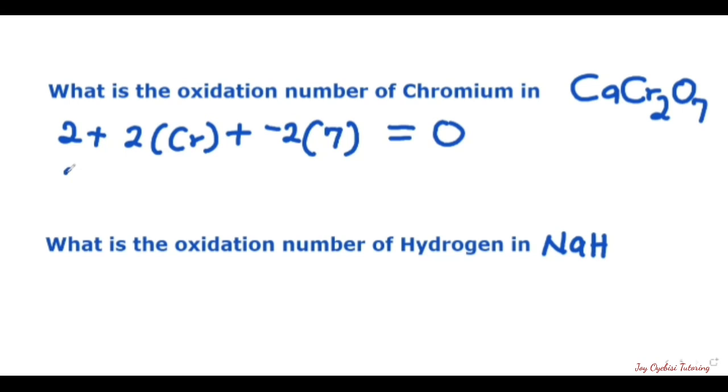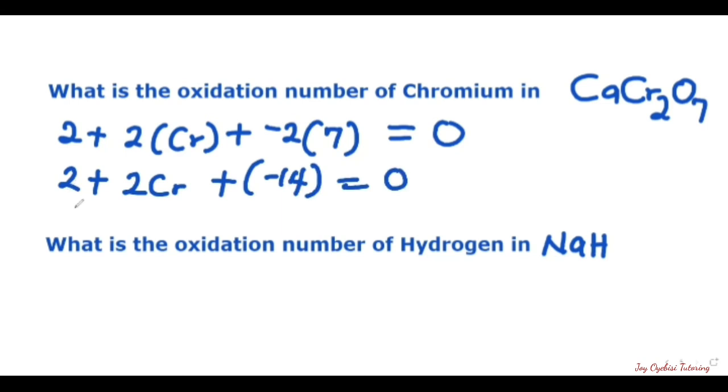Or we continue, this will be 2Cr plus, okay, this multiplied by that will give you 14 equals 0. If we put all the like terms together, we have 2Cr, we have this, okay, this plus minus this will give us -12 equals 0.